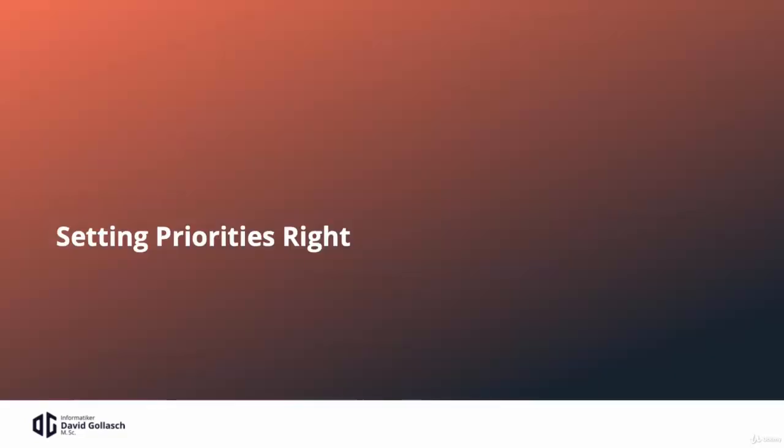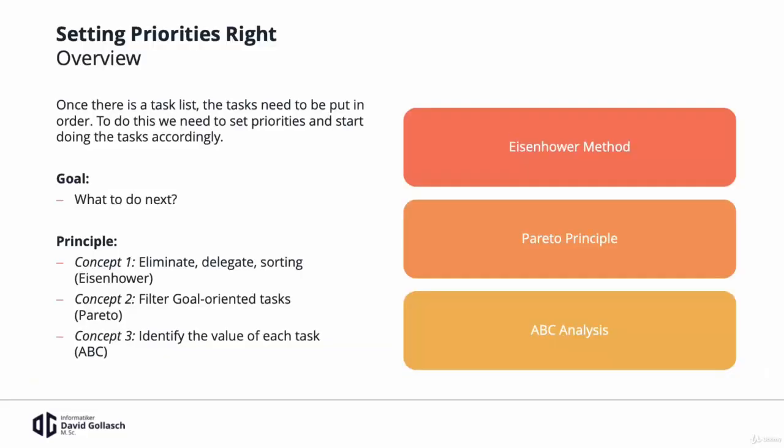So let's dive into the main part of this course: how to set priorities in the right way. Before we directly dive into getting to know several methods of how to prioritize your tasks, we need an overview of what we're going to take a look at now. The major goal that we are focusing on is we want to know what to do next.